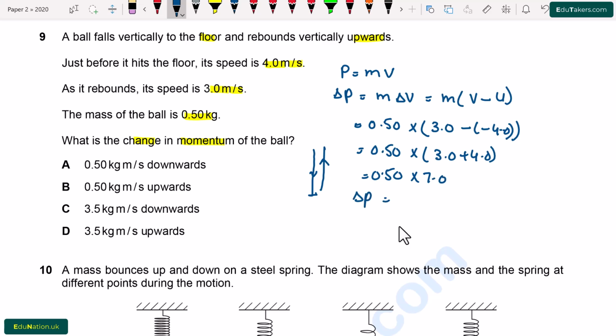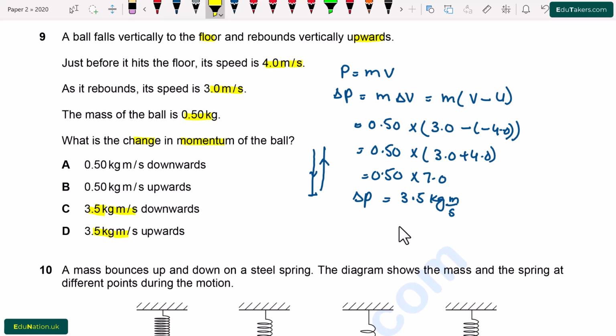So delta P, which is change in momentum, will be equal to 3.5 kilogram meter per second. So from here in C and D, it is given that 3.5 kilogram meter per second.